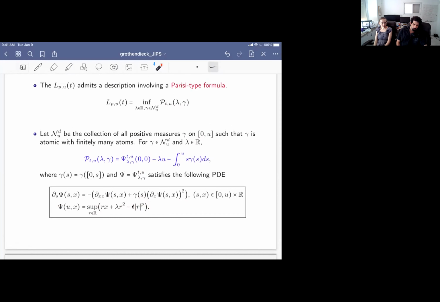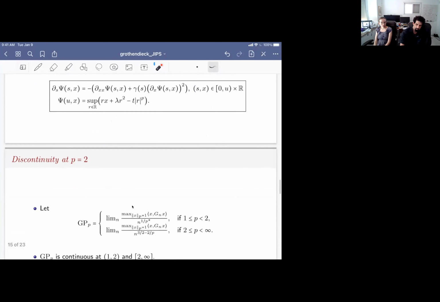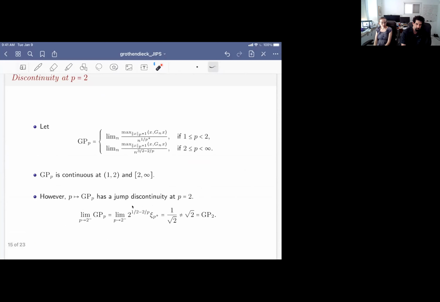It's hard to absorb all these details in a minute, but I just want to give you a flavor of the things involved. Let me tell you quickly that, as I said, there is a phase transition at p equal to 2. If I look at the limit as a function of p, then the limit is continuous on the open interval 1 to 2, and also continuous on the closed interval 2 to infinity.